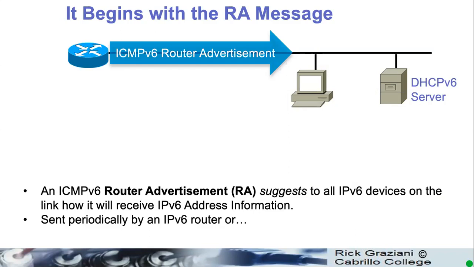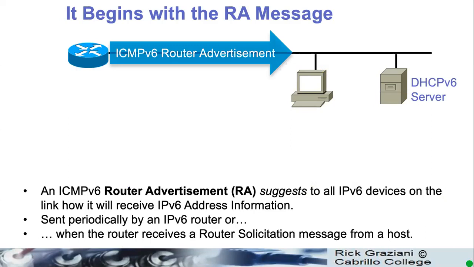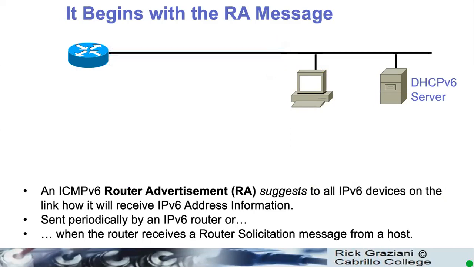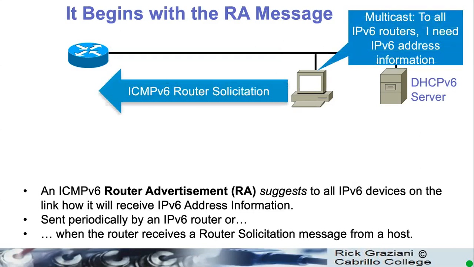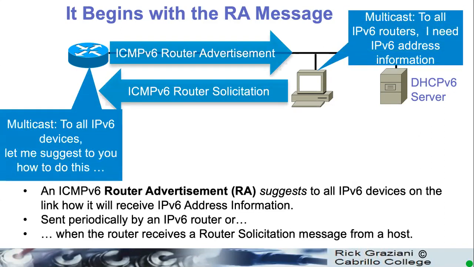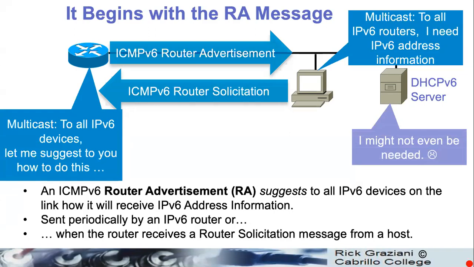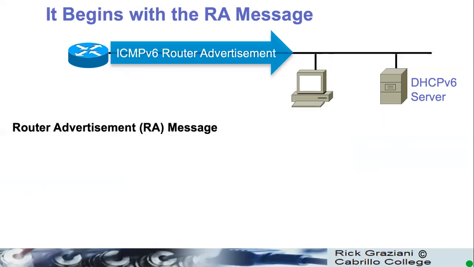The RA message is sent periodically, every 200 seconds, or whenever the router receives a router solicitation message from a host. The thing in IPv6 is that a stateful DHCPv6 server, or even a stateless one, may not even be needed. Everything may be contained in the RA message.